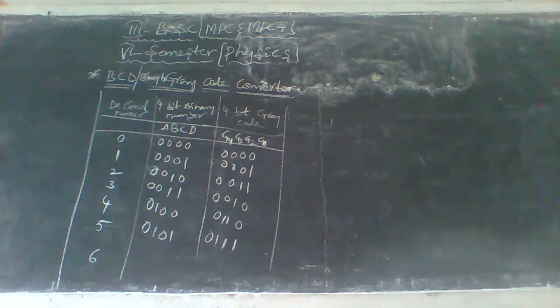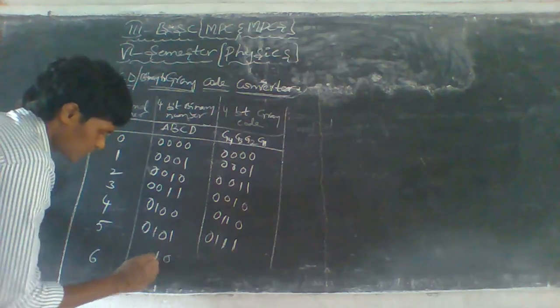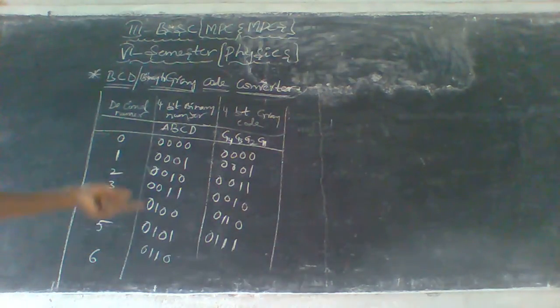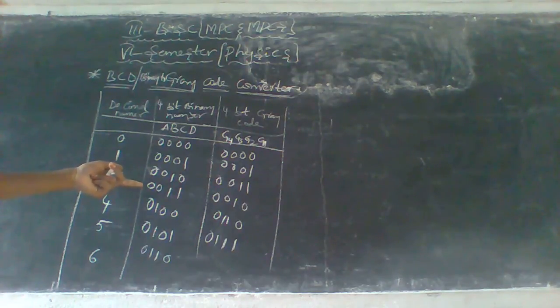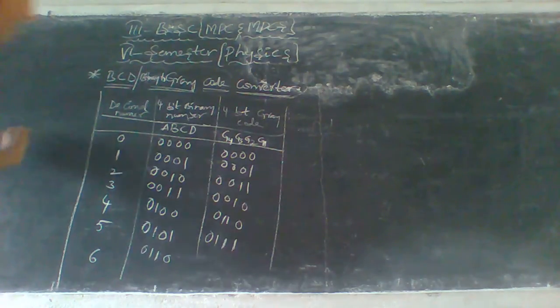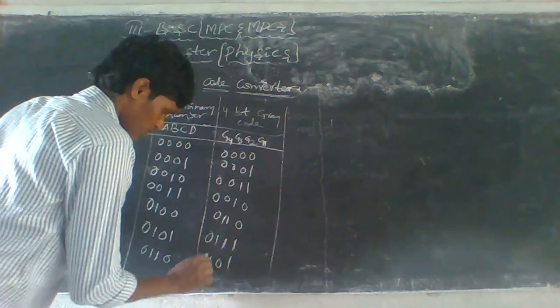For 6, the 4-bit binary code is 0110, and the 4-bit gray code is 1010.